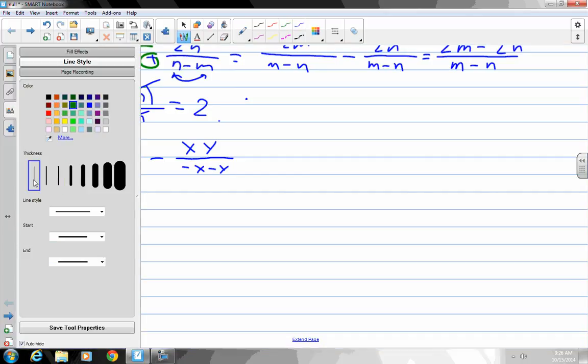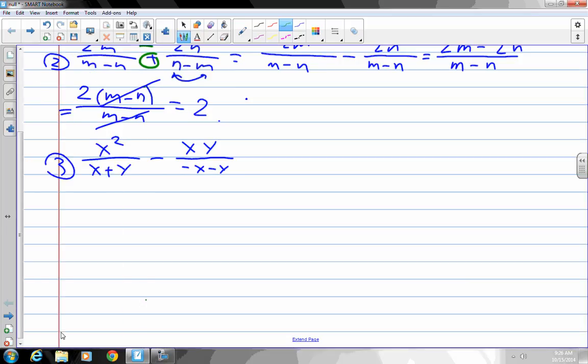So what should I do here? Yeah, I can factor out a negative. That makes it a positive, so then you have a minus and a minus.